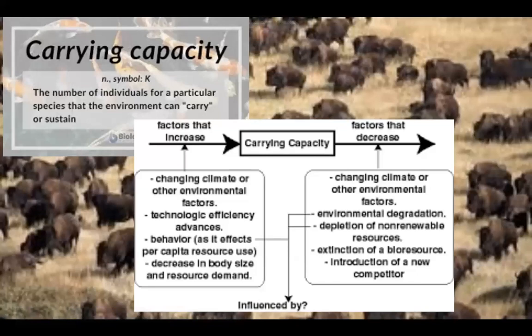So in the background here, I've got that buffalo herd. The North American prairie once sustained a population of millions upon millions of these gigantic herbivores. And they were migratory, they moved through the environment. They didn't stay in one place for very long.